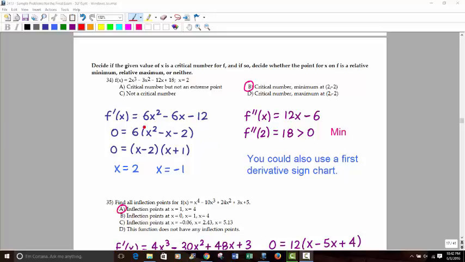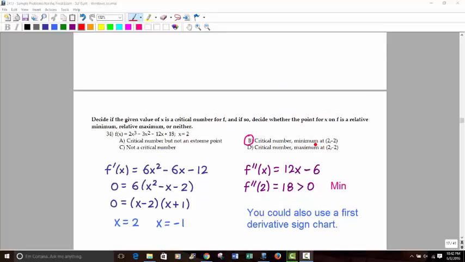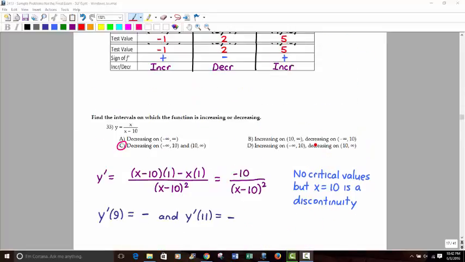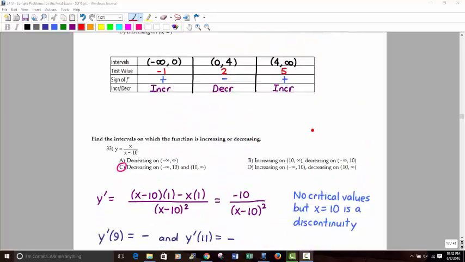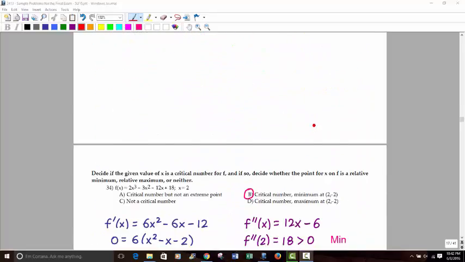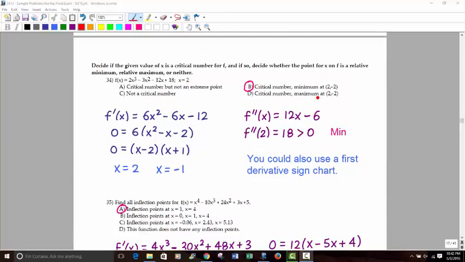So I just took the second derivative of this function, which is 12x minus 6, and plugged 2 in there, which gives you 18. That's similar to the problem up here, where I did one of them with the second derivative rule for critical numbers.